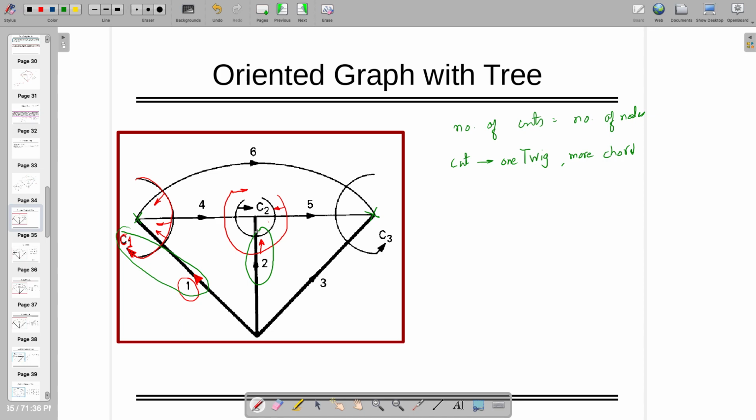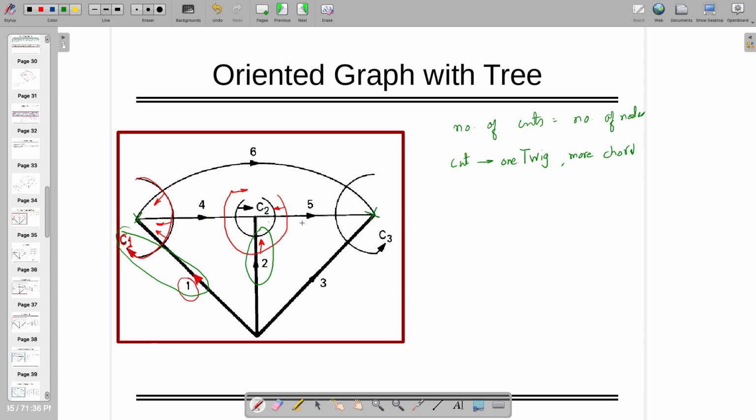Even if there is not a zero node in the graph, then also we need to exclude one of the nodes when counting the number of nodes for the number of cuts. Suppose there is not a zero voltage node, it is linked to some other circuit. Then also we need to exclude one of the nodes to get the number of cuts. No, why?